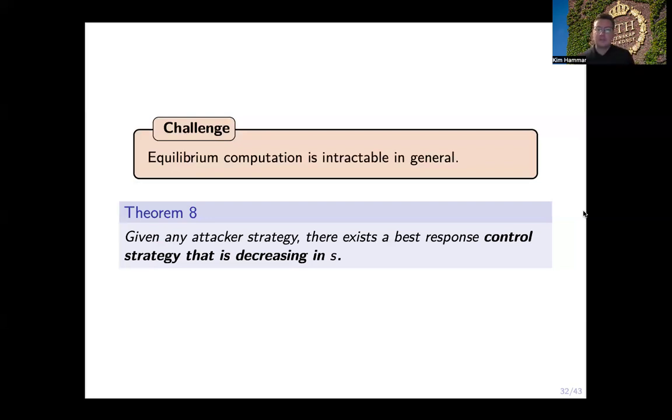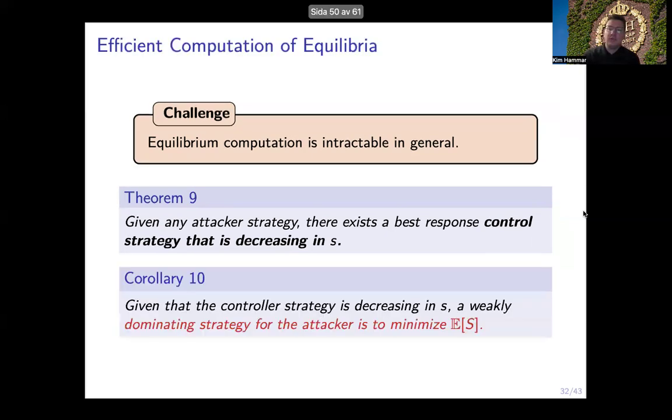And that's very intuitive, I think. And then it means that there actually exists a dominating strategy for the attacker that always just tries to minimize the number of healthy nodes, regardless of what the controller is doing. And that actually means that we can obtain an equilibrium of the game by computing the best responses independently using linear programming.